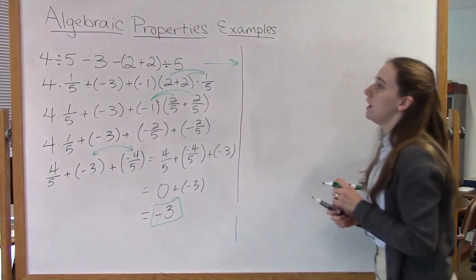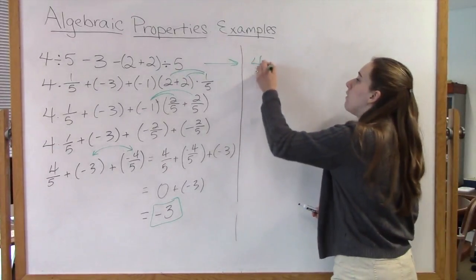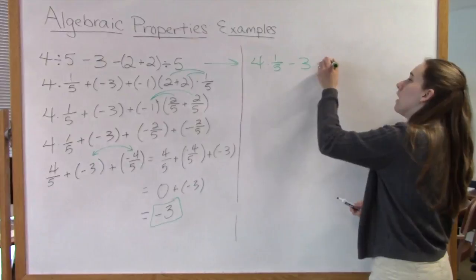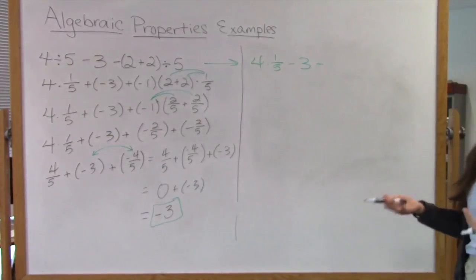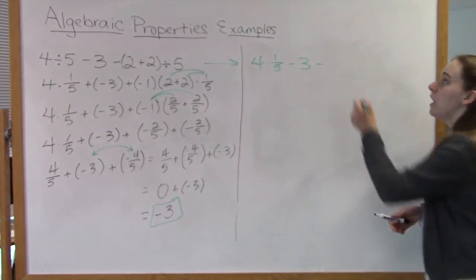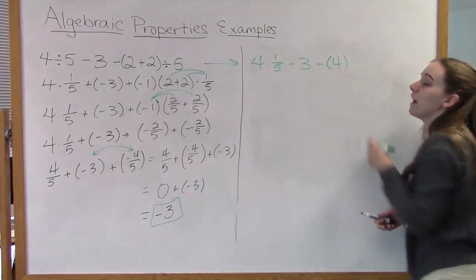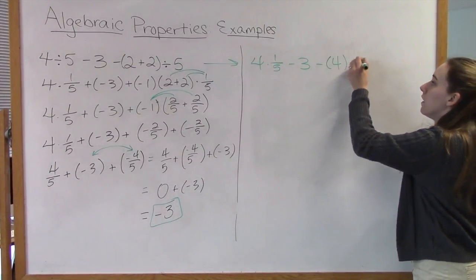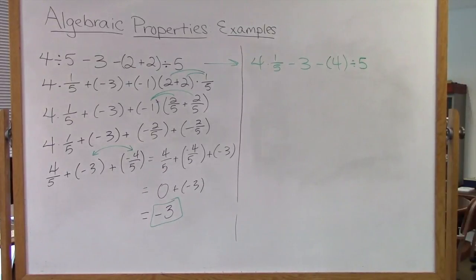What I could have done is I could have said, okay, I have 4 times 1/5 minus 3 minus, and then rather than 2 plus 2, I could have done that in my head and gotten 4. I could have just added them together. And then divided by 5. So notice that this time I'm not actually going to use the distributive property.